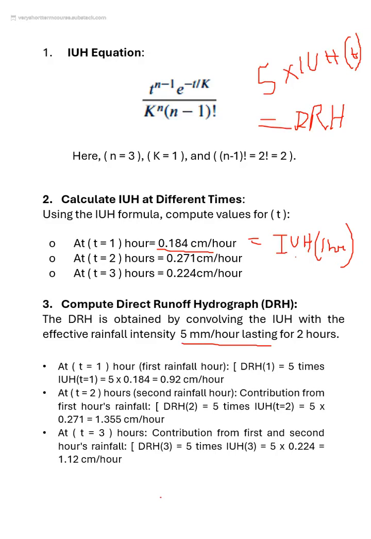After the second hour it is 1.355, and after the third hour it starts to reduce because that rainfall was for 2 hours only, so this is another hour. So the hydrograph will just join the points and the flood hydrograph will be drawn.